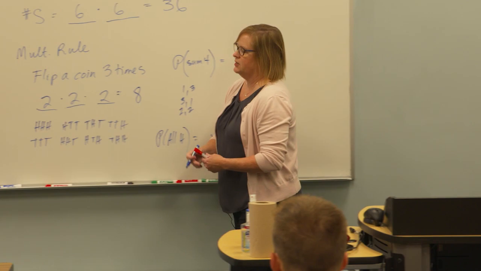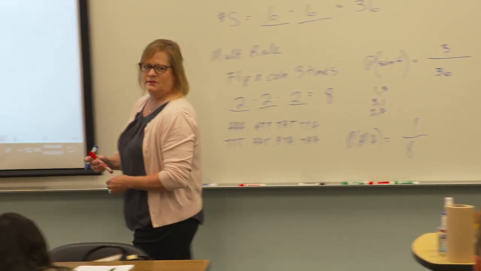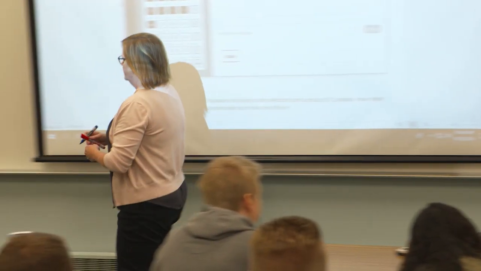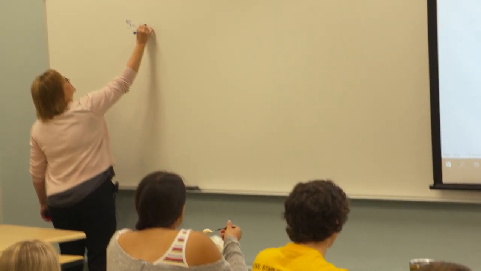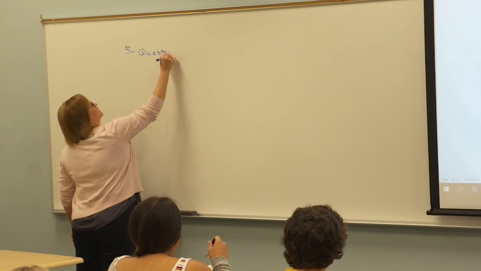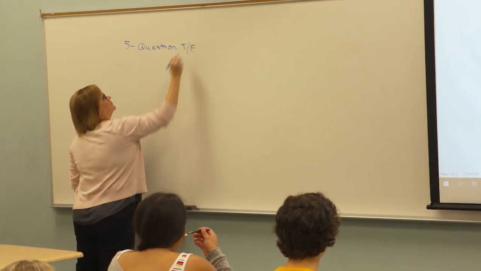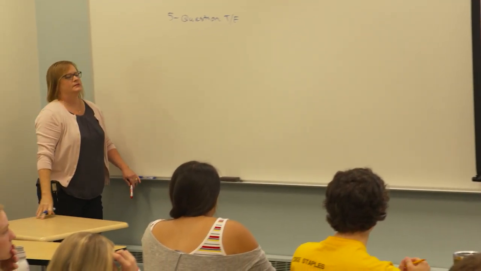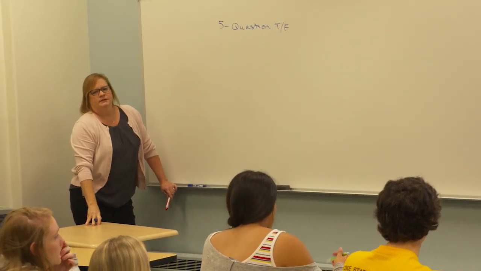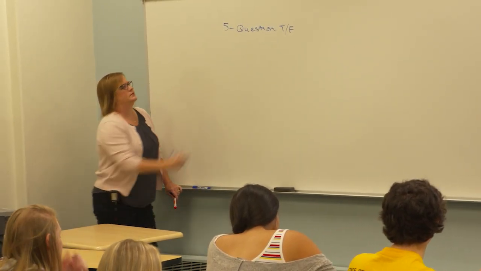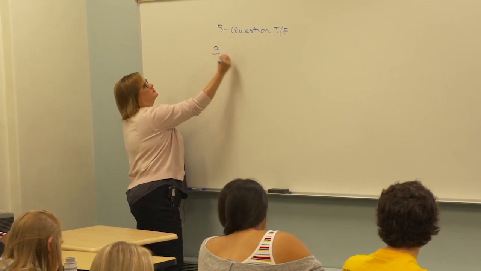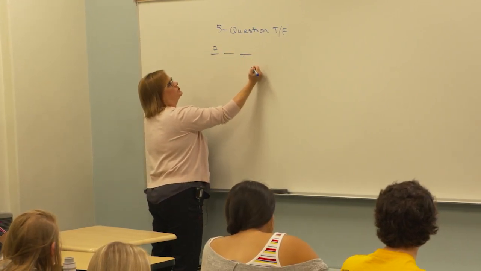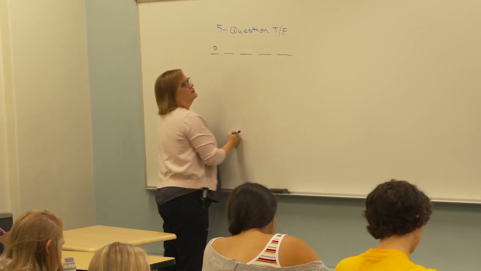Okay, so let's say you're taking a true-false quiz, 5 questions. How many ways could you answer that? So you guess at each one. Guess at the first one, how many choices? 2. Second question, third question, fourth, fifth.